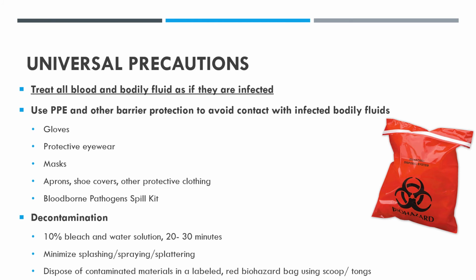The general procedure to follow is: spray the solution on all contaminated areas, wait 20 minutes, clean all affected areas or equipment with towels or rags and tongs or scoops to minimize spraying and splashing, and then dispose of all contaminated materials in labeled red biohazard bags using scoops and tongs, and seal the bag to prevent leakage.